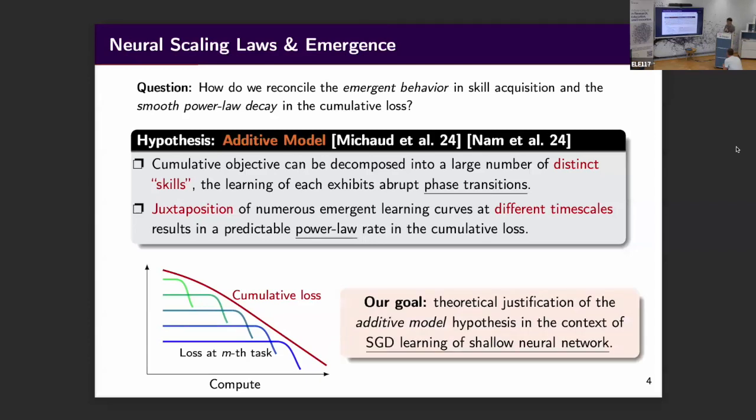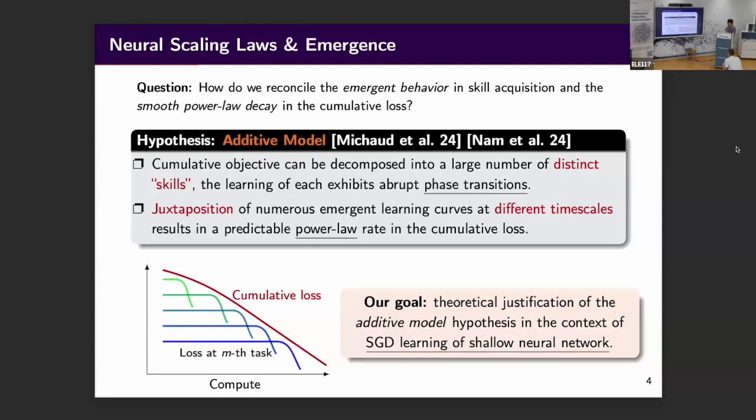The goal of our work is to provide some justification of this hypothesis in SGD learning of a two-layer neural network, because a priori it's not clear if such a decomposition exists, since usually we're just given one loss that the model optimizes. It's not clear if your loss can be decomposed into a bunch of things that are totally independent. The loss is not a sum of independent losses. So why do we study this SGD learning?